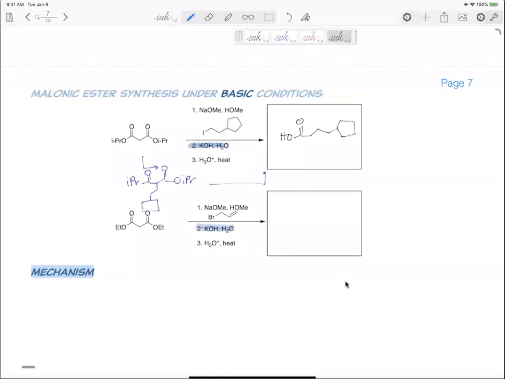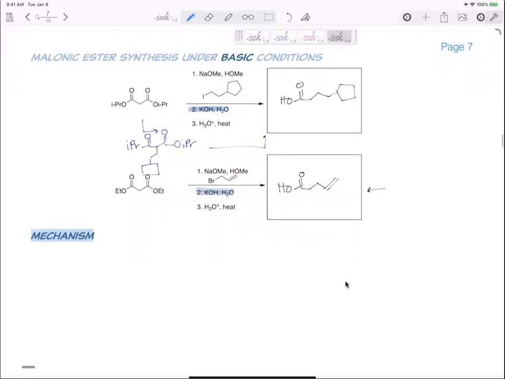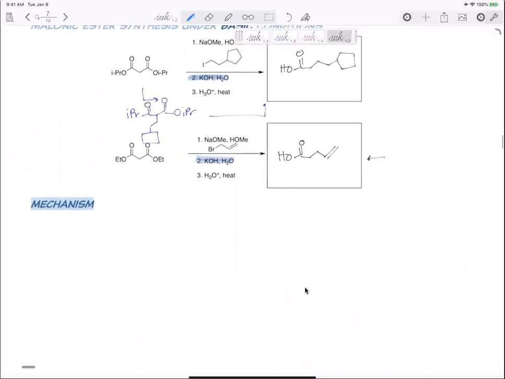It's the same product at the bottom, right here. Okay, let's consider the mechanism. I'm going to do the mechanism for this one here, so just take note. Okay, so basic conditions, right? Nucleophilic attack happens first.